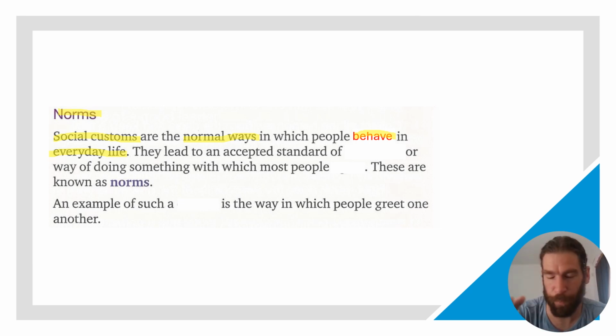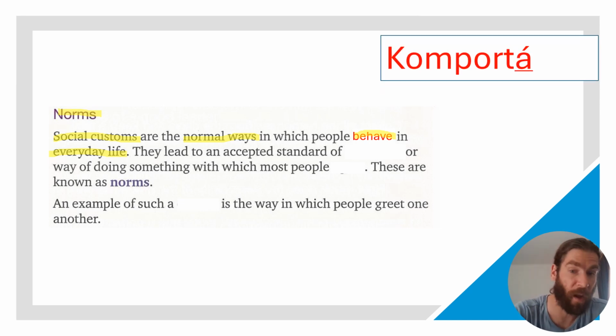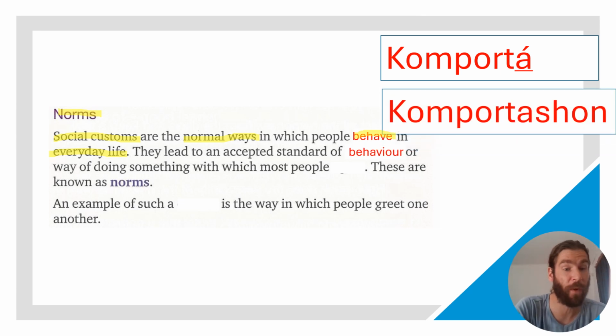I know this is not 100% correct Papiamento, but I hope you understand what I'm saying here. And we remember, behave is a verb, which means comportar in Papiamento. And they lead to an accepted standard of behavior, which is comportación in Papiamento. The behavior here is accepted by a lot of people in the society.